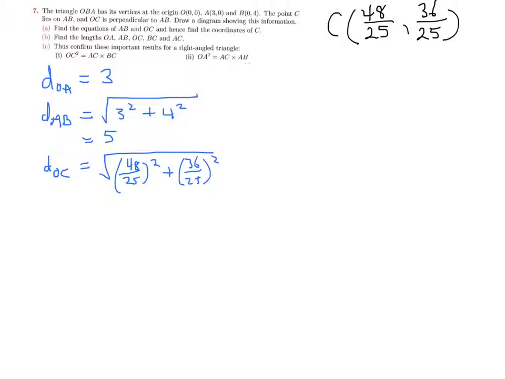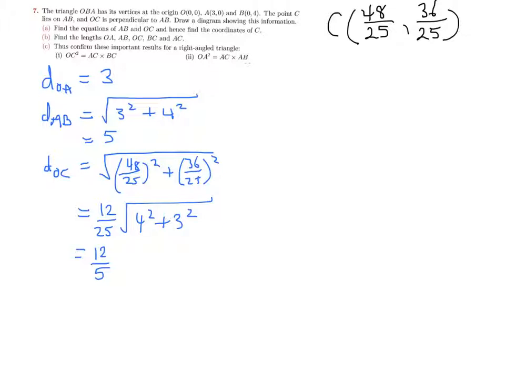Now, I could do this on a calculator, but I'm just going to notice that there's a common factor of 12 over 25 squared. So I'm just going to take that out. And that just leaves 4 squared plus 3 squared, which is 5, as we know. So that's just going to turn into 12 over 5.